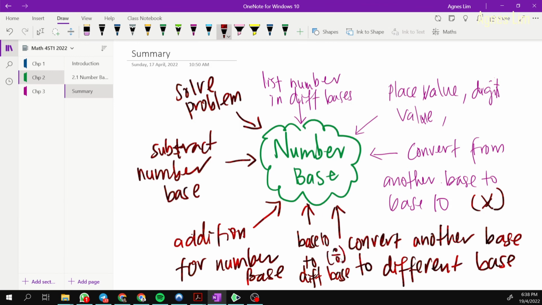Addition and subtraction, that one is only for the same number base. Different number base, we have to convert to the same base first, then only we can subtract and add.